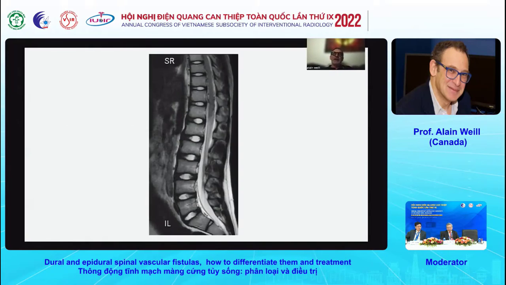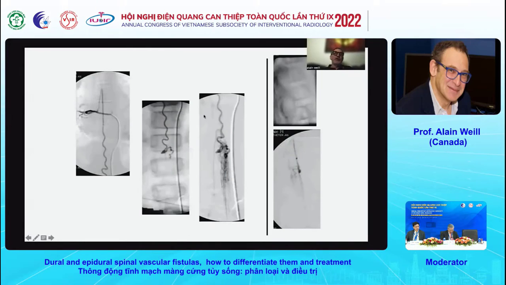And here again, you can see that there is a lot of vessel around the conus. You know, we don't see clearly an AVM or whatever, there might be a little bit of edema in the conus, but actually here you recognize that it's an anterior spinal artery, which is filling a vascular malformation.